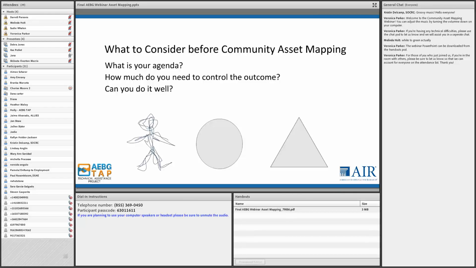The hat you are wearing will greatly affect your role and how much of the process and outcome you need to manage. In any case, if you're leading the community asset mapping process, it's important to make sure that you have the time and the attention to lead it with respect for the relationship building aspect. Without that, you have only the map and none of the community building.